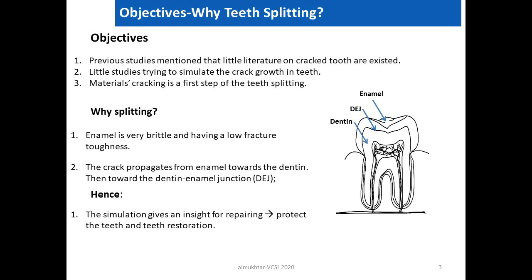Because enamel is very brittle and has a low fracture toughness. Therefore, the crack propagates from the enamel toward the dentin, then toward the dentin-enamel junction. This line or margin will resist the crack propagation. Hence, the simulations give an insight for repairing.